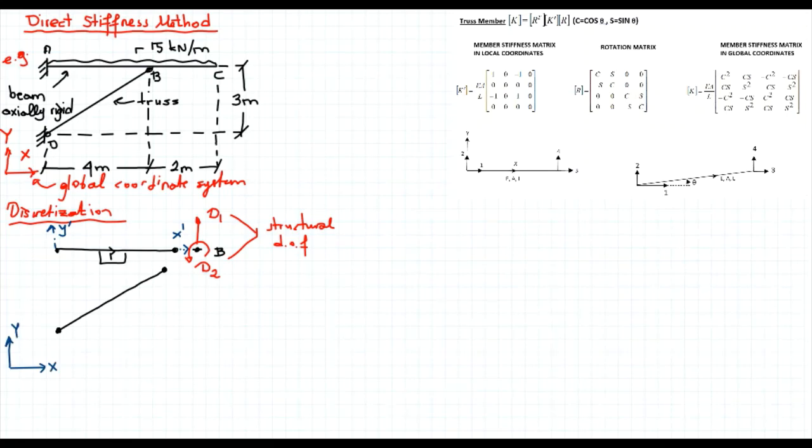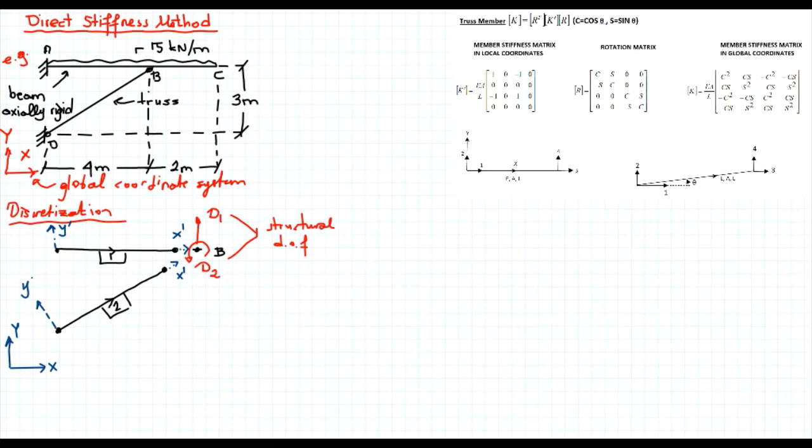Now for the second member, I will choose it this way. And my local axis for the second member will be as follows. That will be x prime, and that will be y prime for the second member.